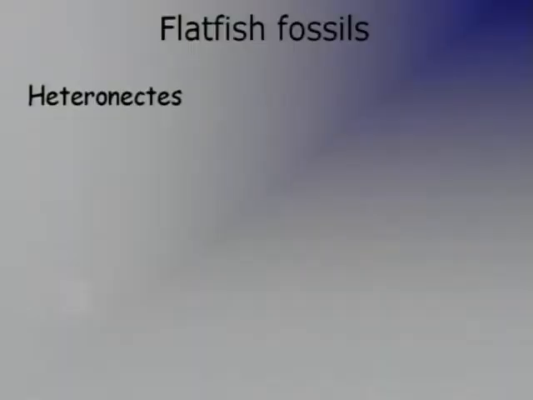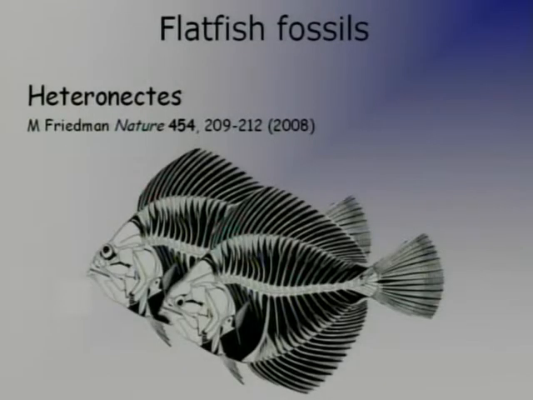This is a very interesting example because last year, 2008, there was an article in Nature about a creature called Heteronectes, a transitional stage from ordinary fish to flatfish, published by Mr. Friedman. There's the reference for you if you want to look it up. Here we have a diagram of the fish showing both sides, and as you can see, the eyes are in different places.